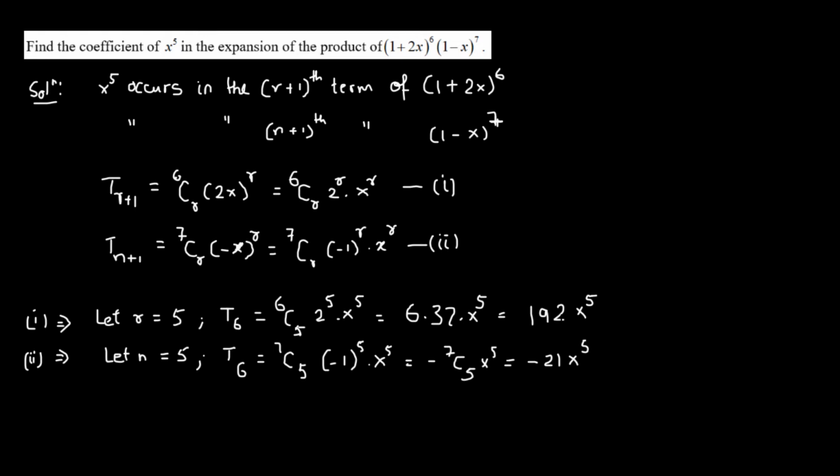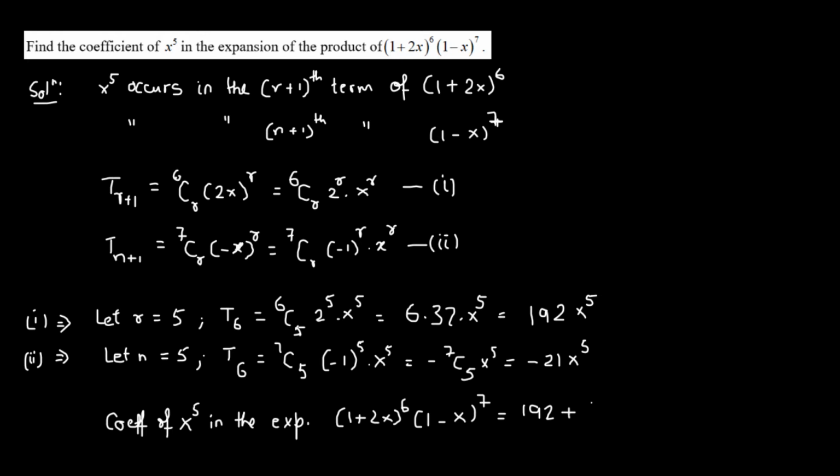Now that we have the coefficient of x to the power 5 in both the binomial expressions, the final coefficient of x raised to the power of 5 in the product, or you can say in the expression 1 plus 2x raised to the power 6 times 1 minus x raised to the power of 7, will be simply equal to the sum of the coefficients of x to the power 5 in both the expressions.